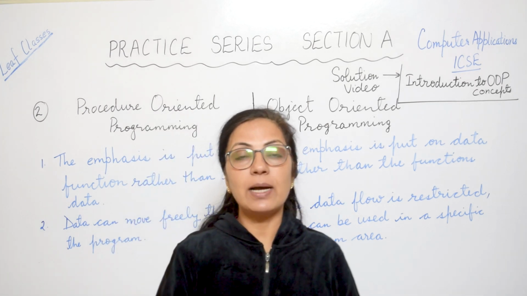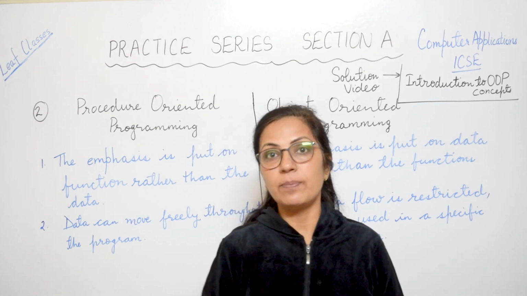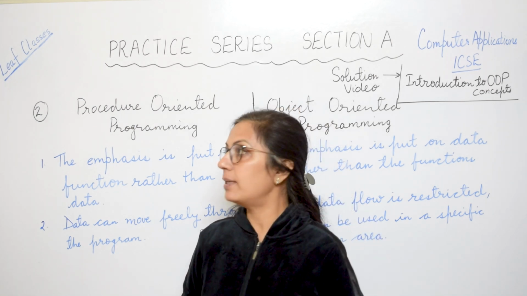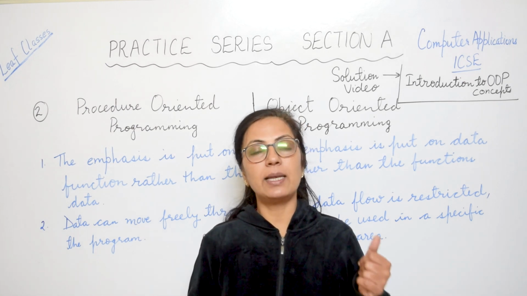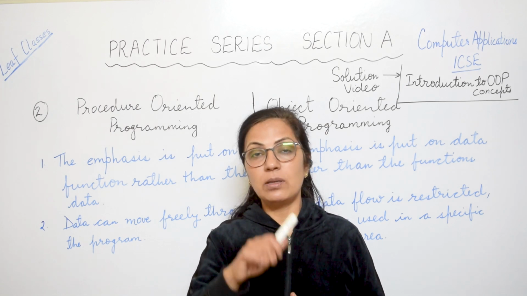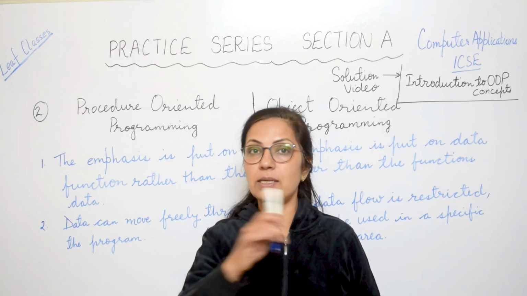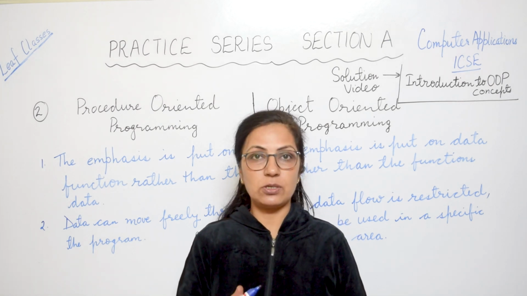Procedure means function, function is a task. Task means procedure. So how are you going to prepare this? Because many children get confused and then write it in reverse. The points for procedure, they write in object-oriented, and the points of object-oriented, they write in procedure-oriented.